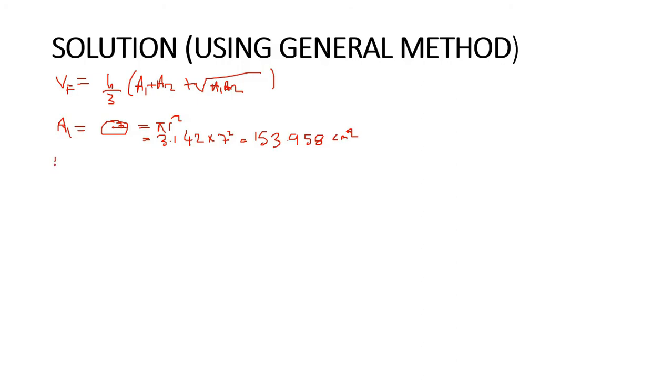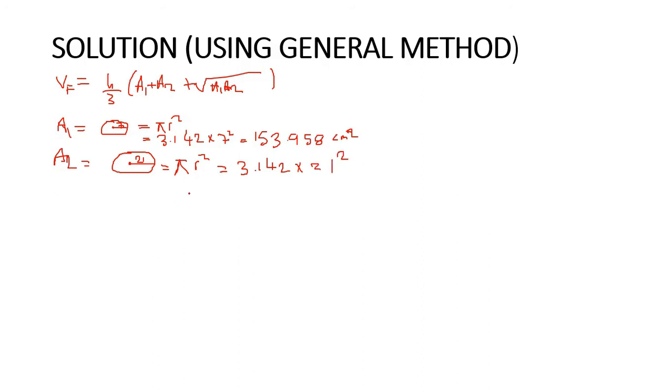Now we can also go to A2. Our A2 here will simply be equal to this bigger circle with a radius of 21. Following the formula, the area of a circle is given by pi r squared, so in this instance it will be 3.142 multiplied by 21 squared.